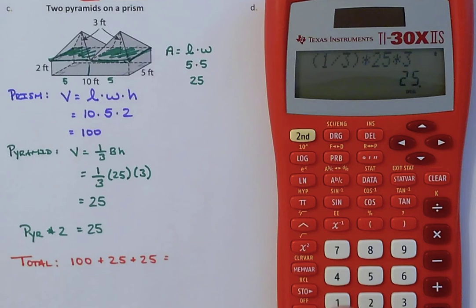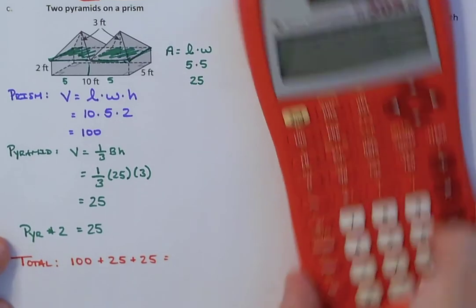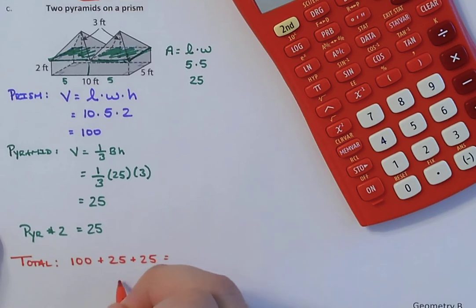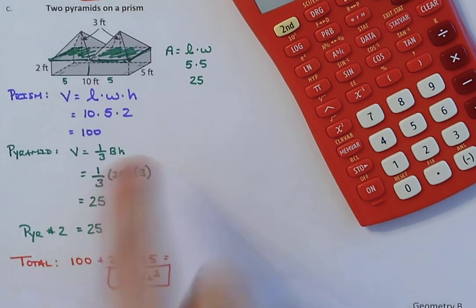So 100 plus 25 plus 25, we end up with a volume of 150 feet cubed. And that is our volume for part C.